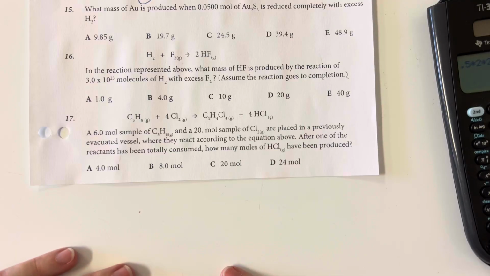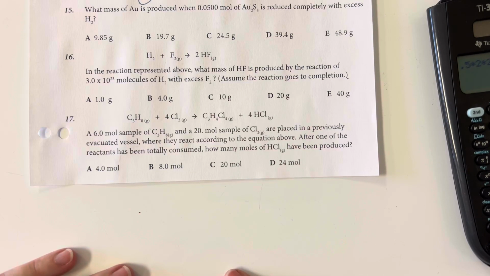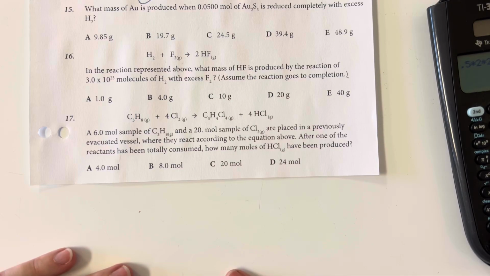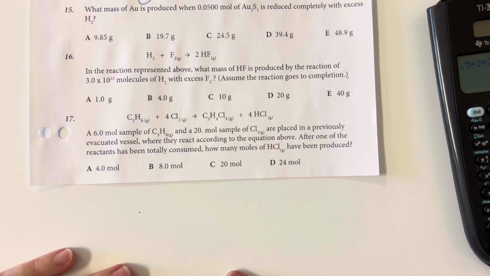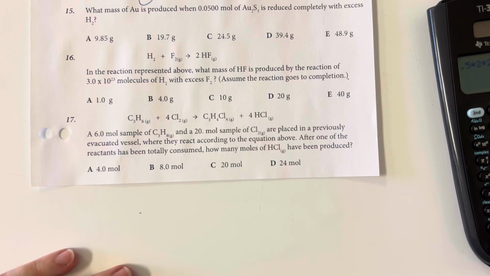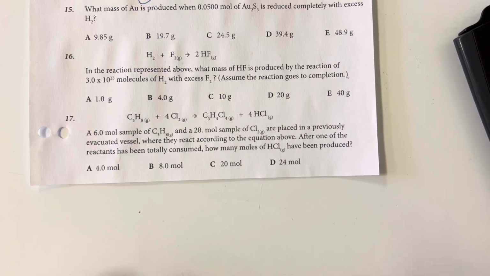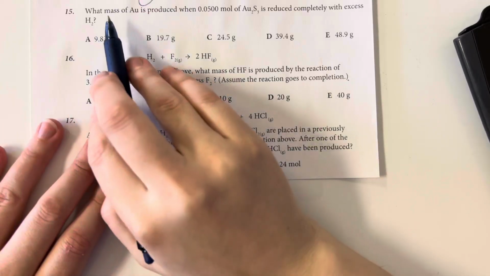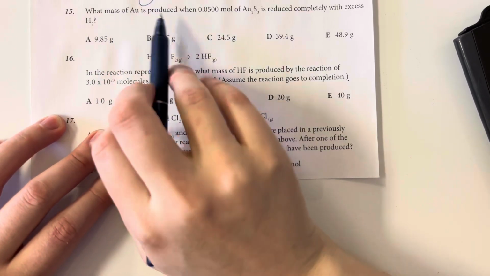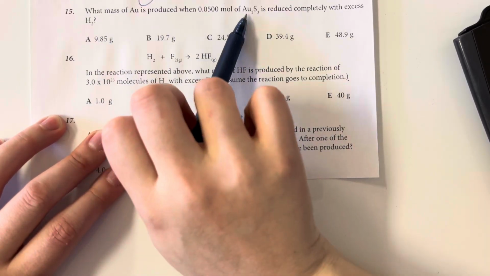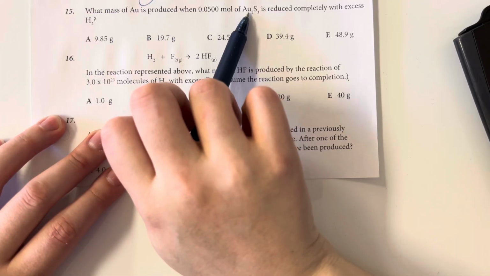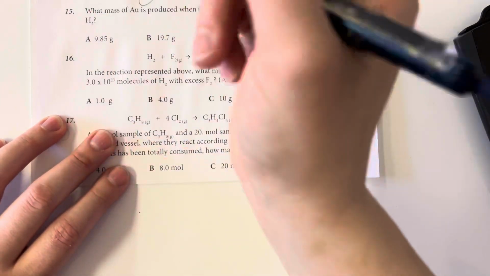What mass of gold is produced when 0.05 moles of gold 3 sulfide is reduced completely with an excess of hydrogen? Okay, they didn't give us the reaction, but they did tell us everything that we need to know. So we know that gold is going to be produced when we react the gold 3 sulfide with hydrogen gas.